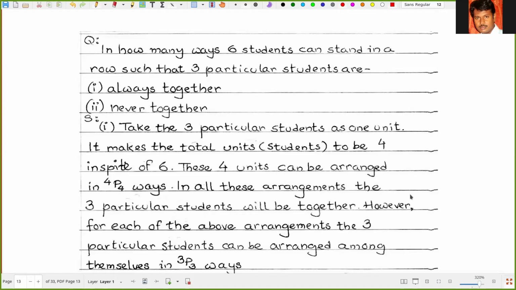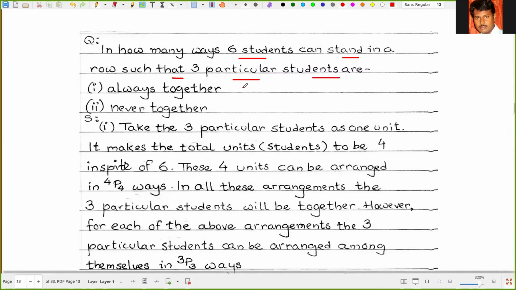Next question. In how many ways can 6 students stand in a row so that 3 particular students are always together or never together? So let's first check the first question. Take the 3 particular students as one unit, because always together means they are always as one unit. It makes the total units of students to be 4.